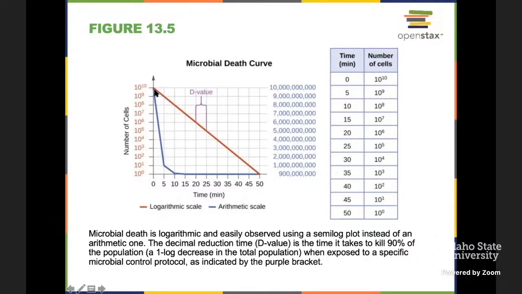So we can see in this figure, we've got the logarithmic scale in red, and oftentimes this is how we would like to be presenting it because this gives us an opportunity to actually extrapolate out some of the details. With the arithmetic scale, we see more of what I said a second ago, this exponential, but this would be exponential death. So a rapid decline and then kind of plateauing out.